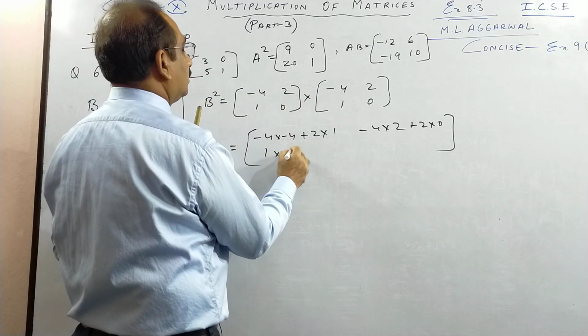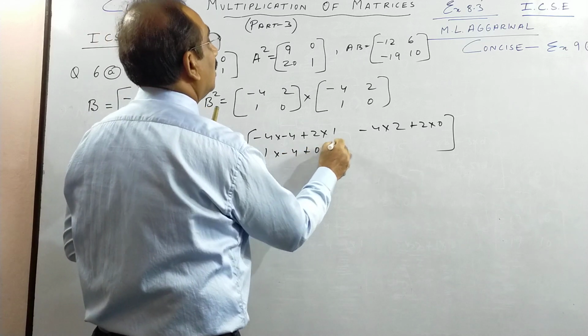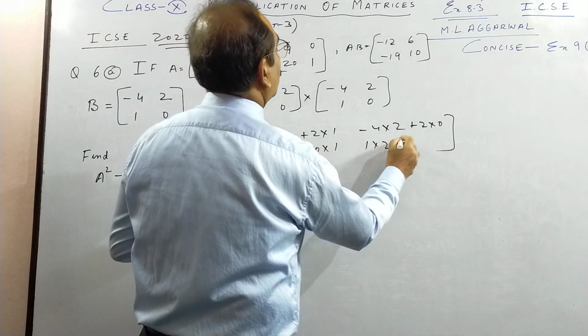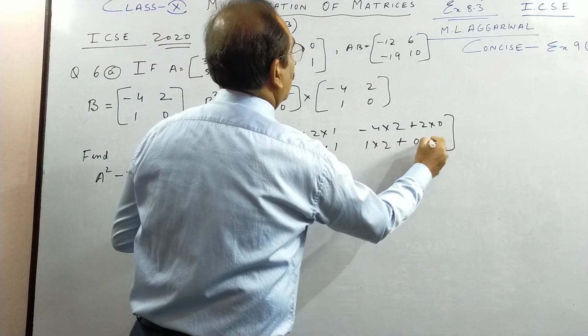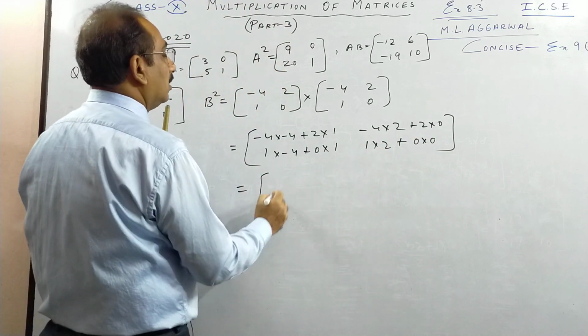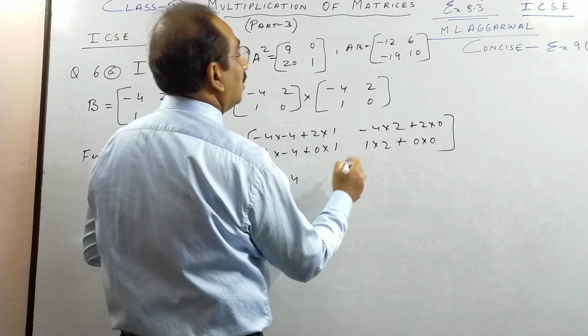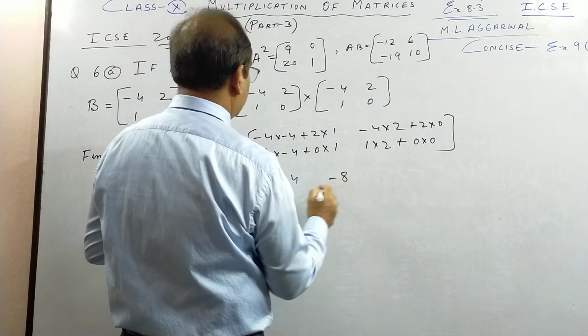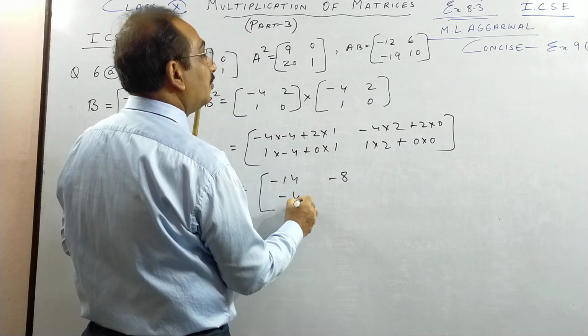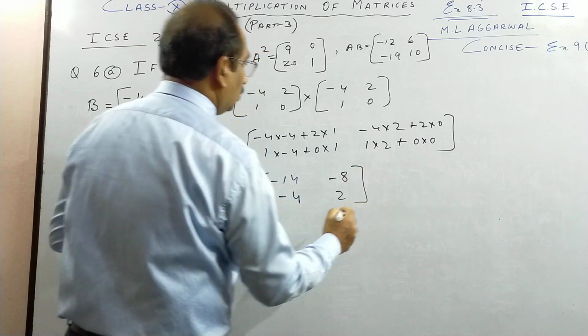Second row with first column and second row with second column. So here we get minus 16 plus 2, minus 14, minus 8, minus 4 and 2.